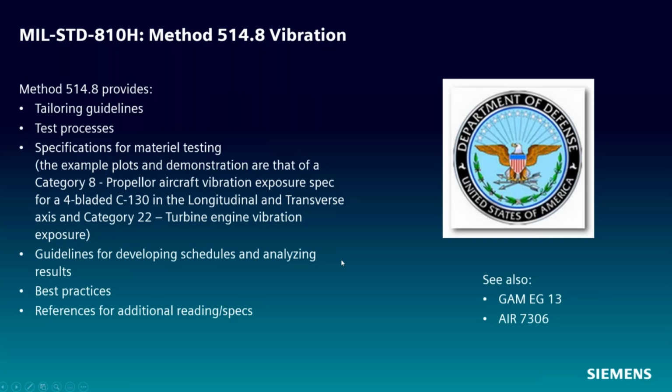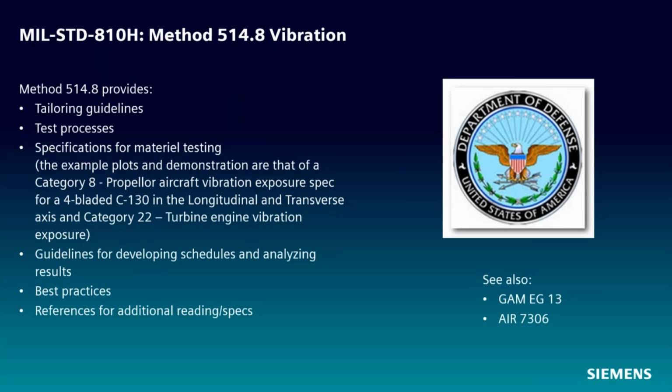It's worth noting, MIL standard 810, method 514 is on vibration. Within method 514, it talks about general vibration, but also part of it discusses mixed mode testing. You'll see tailoring guidelines in there, suggested test processes, specifications for material testing.